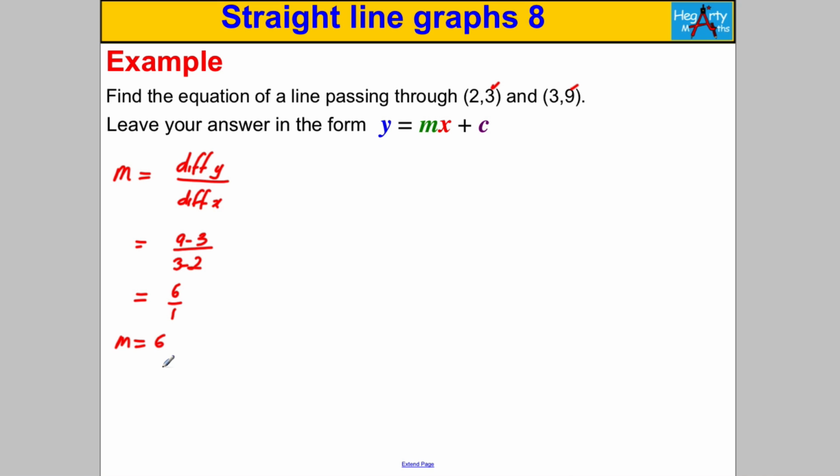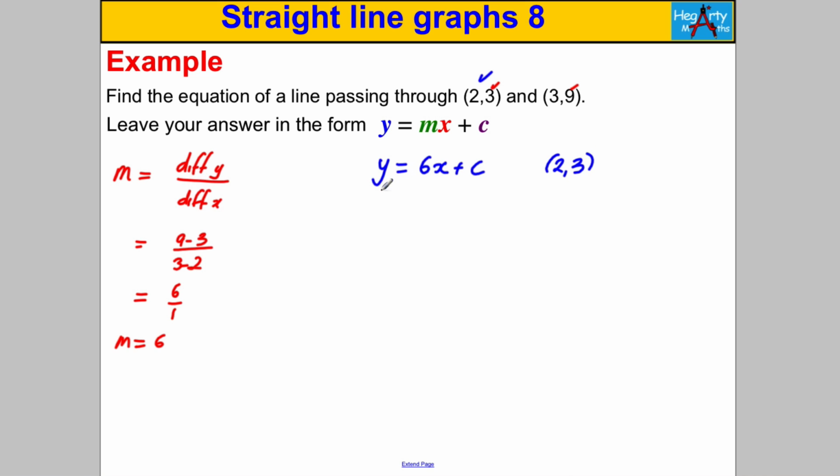Okay, now we can write our equation y equals mx plus c, where m is 6, so 6x plus c. And we know this line goes through these 2 points. Now we can use any of these 2 points we want. In this example, I'll use 2, 3. I'm going to substitute x is 2 and y is 3 in here to get c.